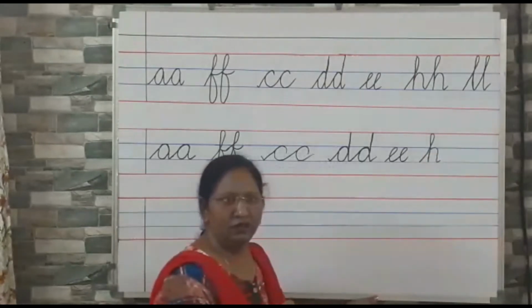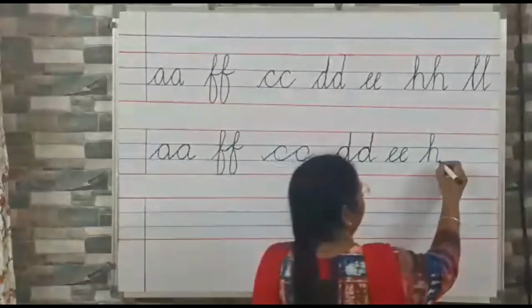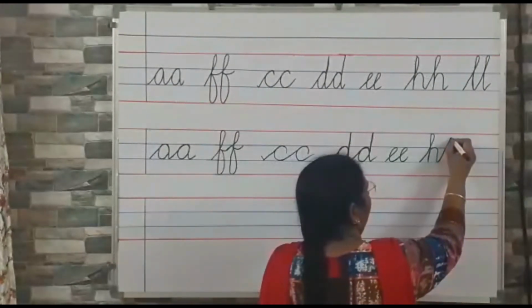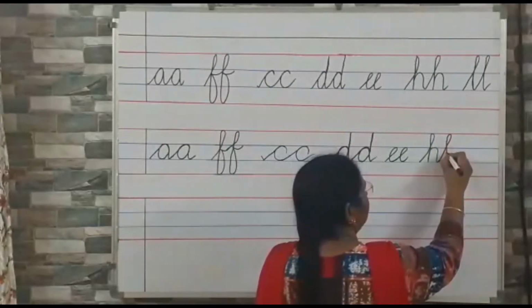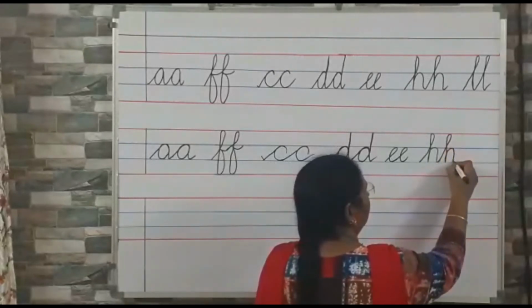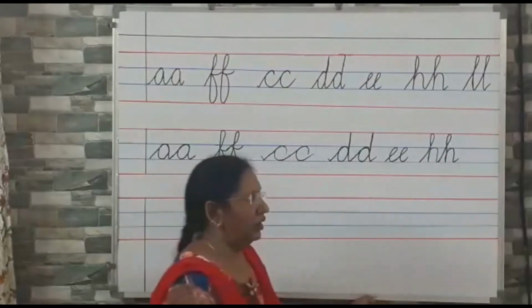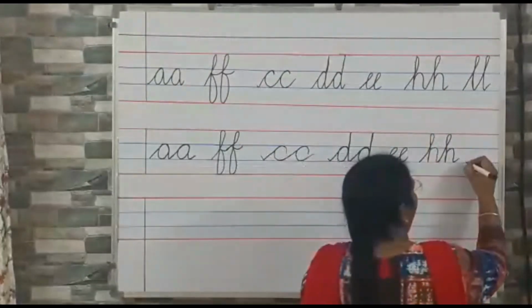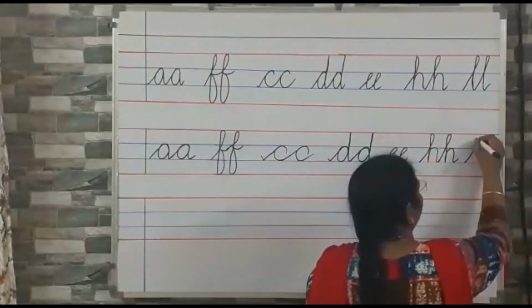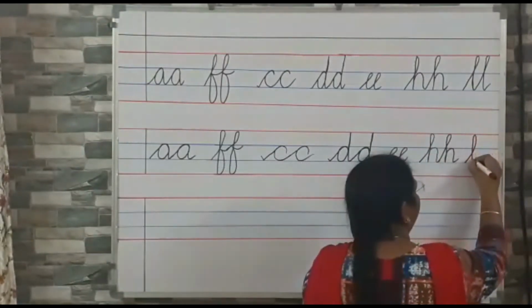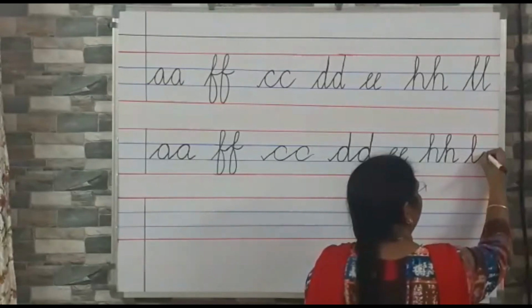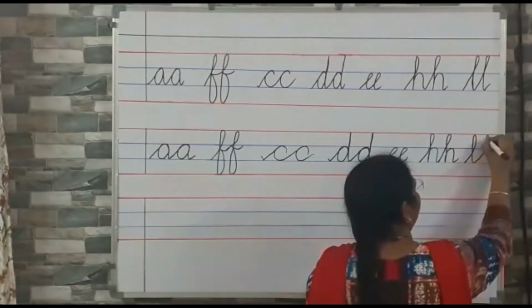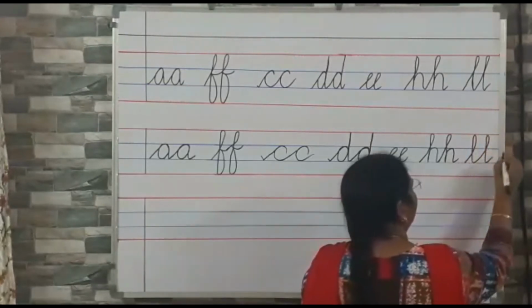And H is ready. Okay? Same way. Go up. Come straight down. And H is ready. Now what is it? Letter L. Children, you have to make a loop in the letter L like this. Slanting line and a loop and come down and a tail.